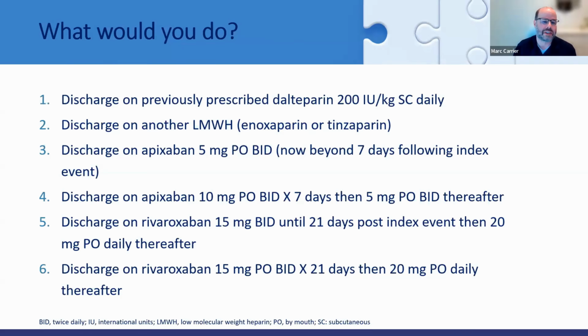Interestingly, 20% still would have used, I don't want to say loading, but a higher dose of apixaban for 7 days than 5 milligrams PO BID. So it looks like there's still an element of, maybe not low molecular weight heparin, but I don't feel too good about the risk of recurrence short term. So I'm going to use the bigger doses for 7 days and then 5 milligrams PO BID thereafter.